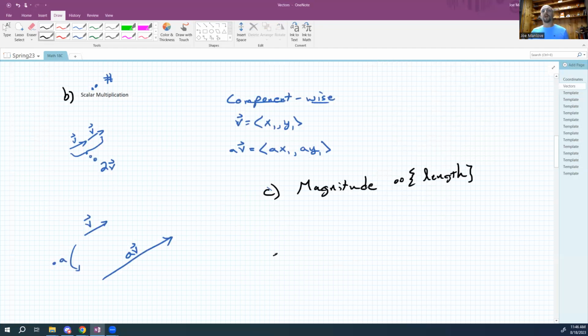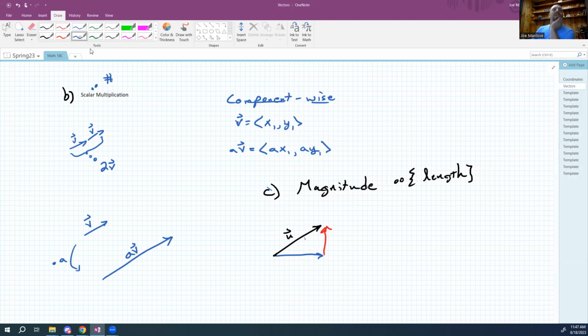So if I'm talking about a vector, say here I've got a vector that I'm calling u, I want to know how long this vector is. Well, luckily, I've got some tools. I might say, well, it went this far over, and then it went this far up, and there's a Pythagorean thing for these.